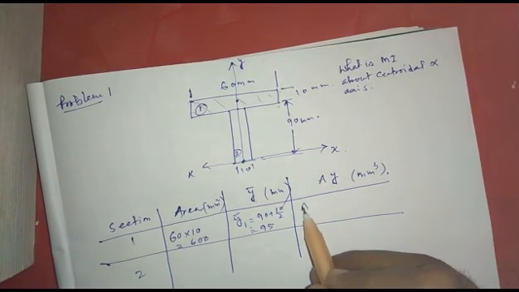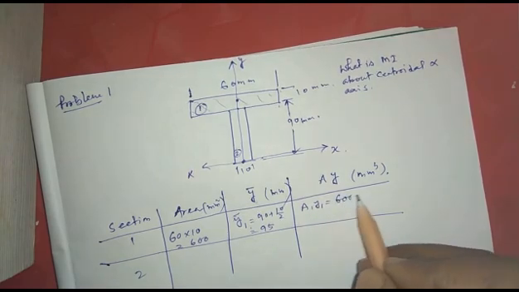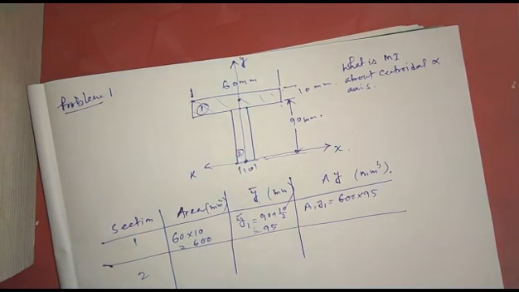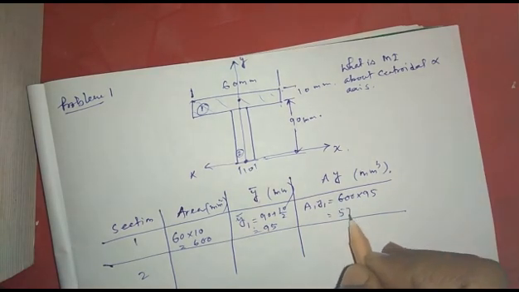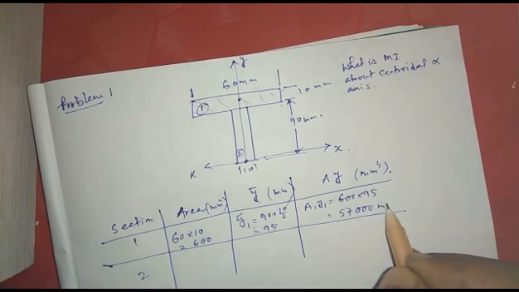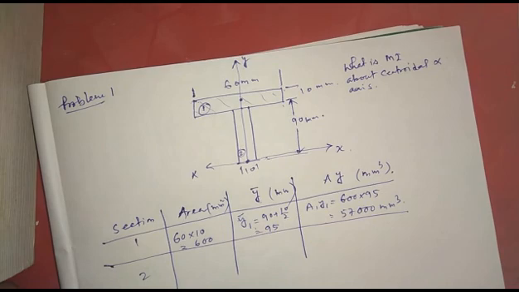So that area A1 Y1, this product is 600 into 95. Okay, so if you do that, it is coming as this much. Please check the calculations. I am doing with the old calculator.